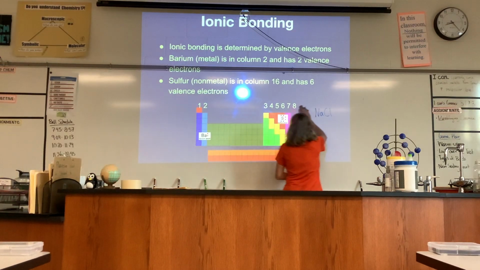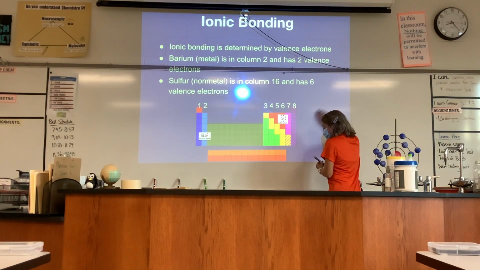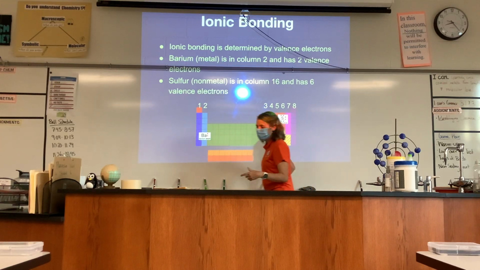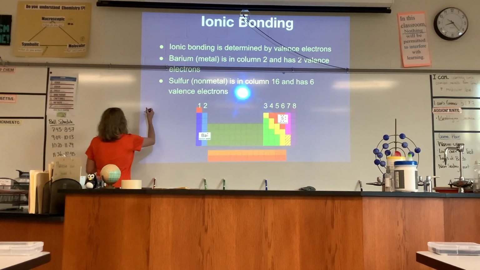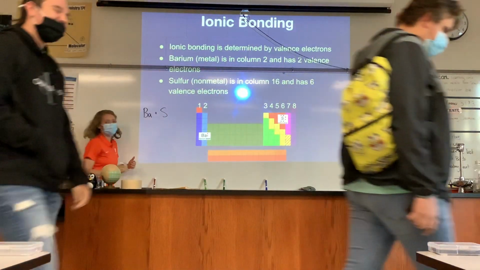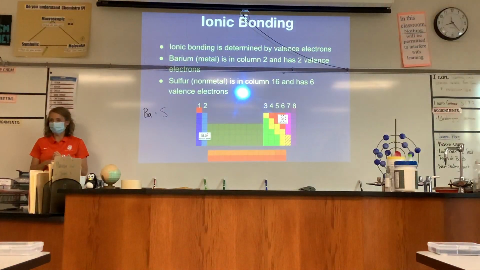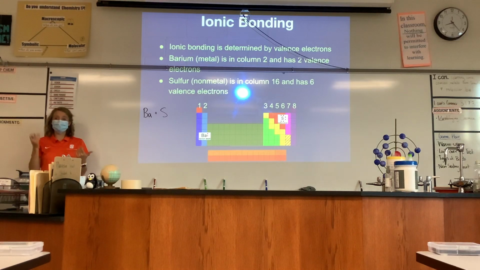Okay, so let's do another example to have a visual of what happens with an ionic bond. So we're going to do the equation of barium and sulfur. So the barium atom comes in contact with sulfur, what's going on there? The first step is you've got to identify how many valence electrons it has.